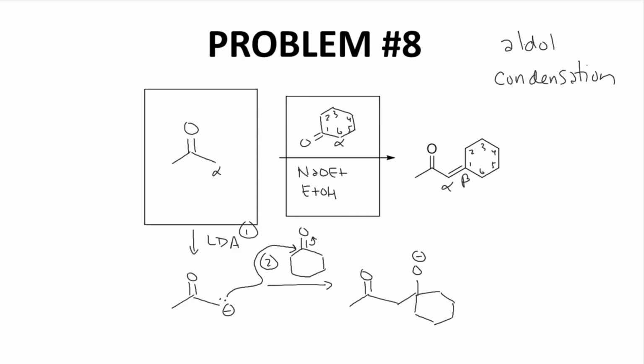So we have, here's our carbonyl carbon, here's our carbonyl carbon. This is now a beta carbon. And that forms a tetrahedral intermediate. That is just going to float around until we add a proton source. We'll add water, and water will protonate that.